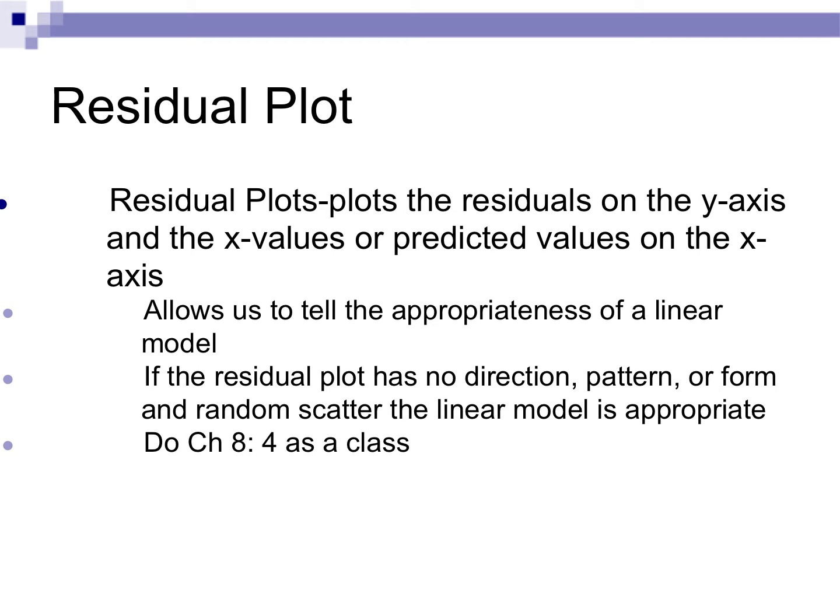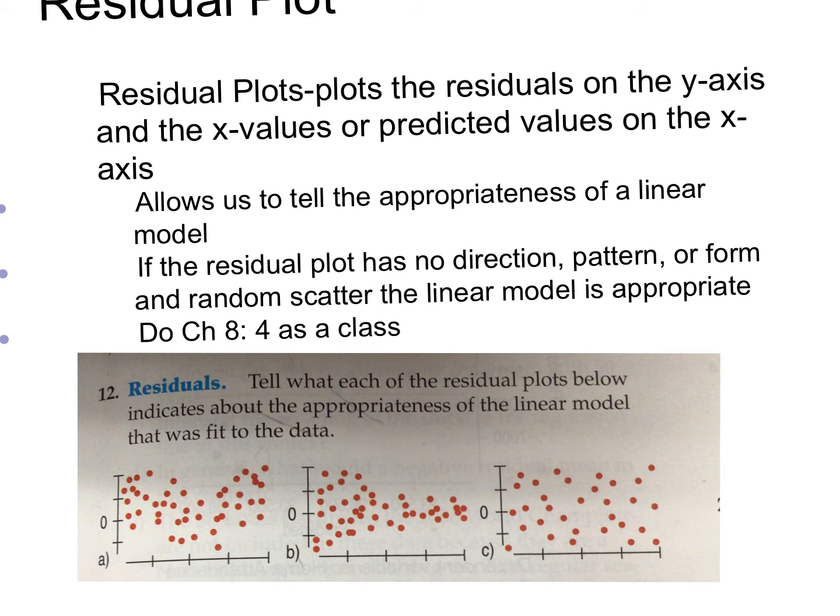If you see a pattern and a curve in the residual plot, it means that there's an underlying relationship that we haven't accounted for with the model, and that linear model is not appropriate. So here are 3 residual plots.